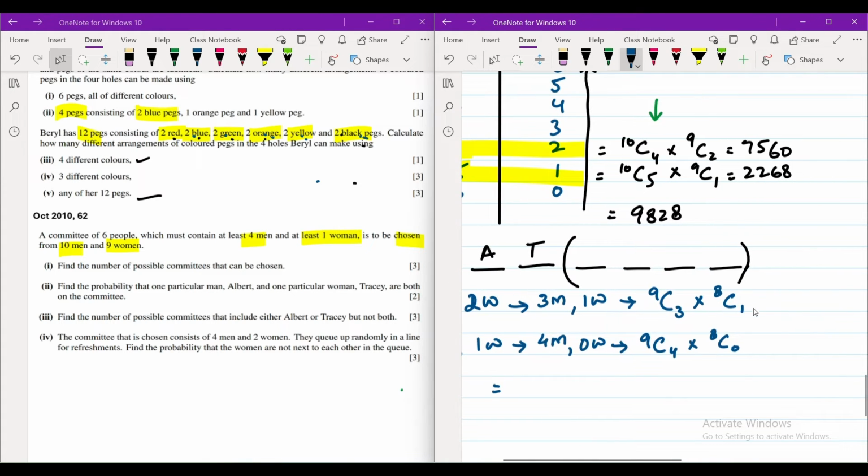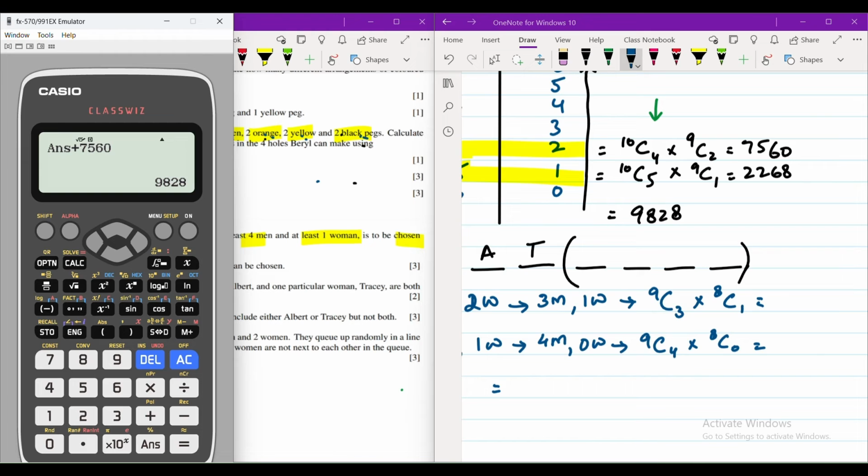So 9C3 times 8C1, I get 672, and then I have 9C4 and 8C0, I get 126.